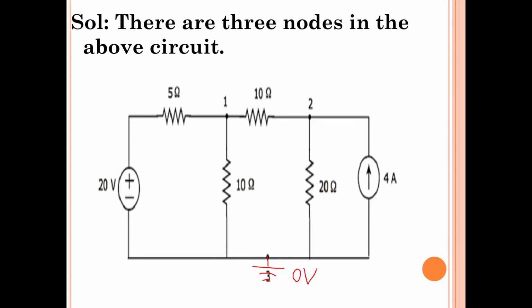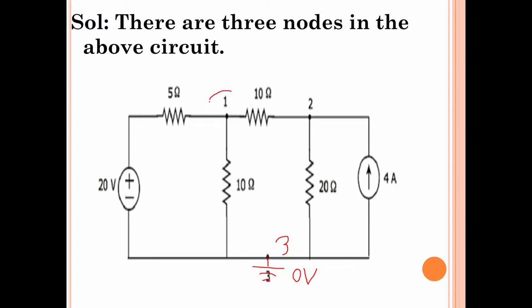Okay, voltage at this node is 0. So voltage at node 3 is 0 volts.